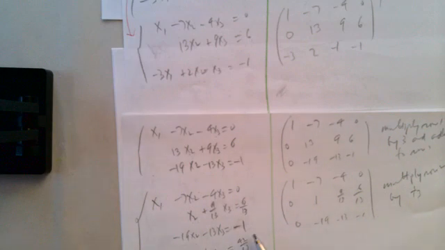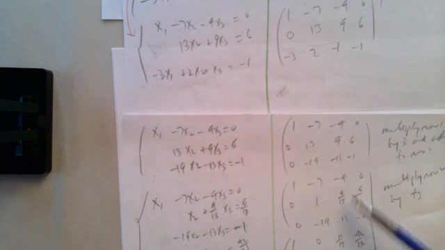How did I get from here to here? I eliminated the x2. I added 7 times the second row to the first row. What does the matrix look like? 1, 0, 11 over 13, 42 over 13; 0, 1, 9 over 13, 6 over 13; 0, -19, -13, -1.